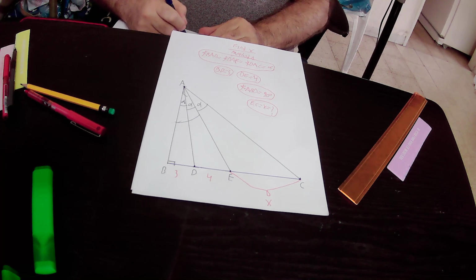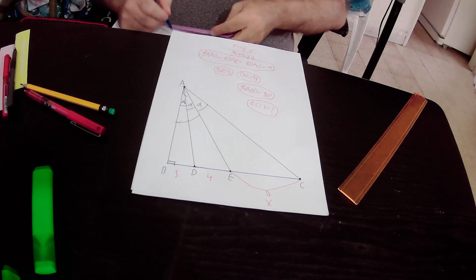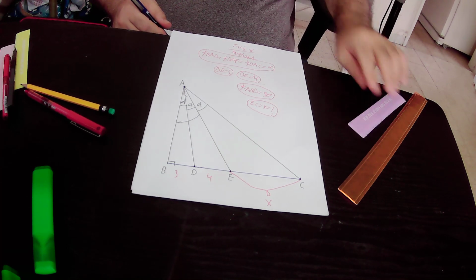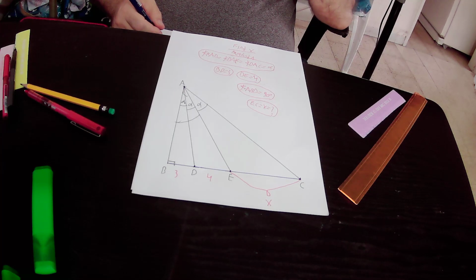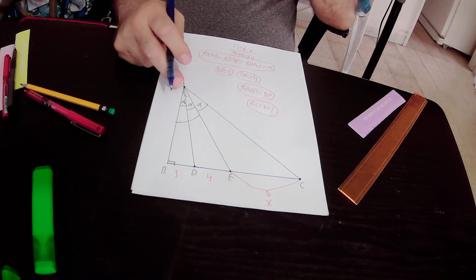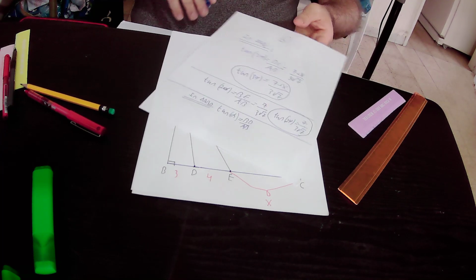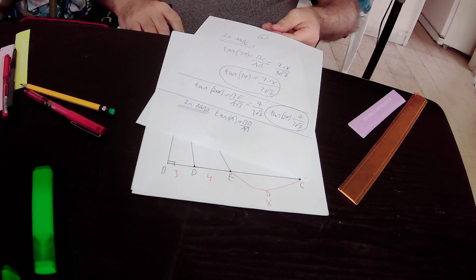In the right triangle ABD, we know that tangent alpha equals BD over AB.